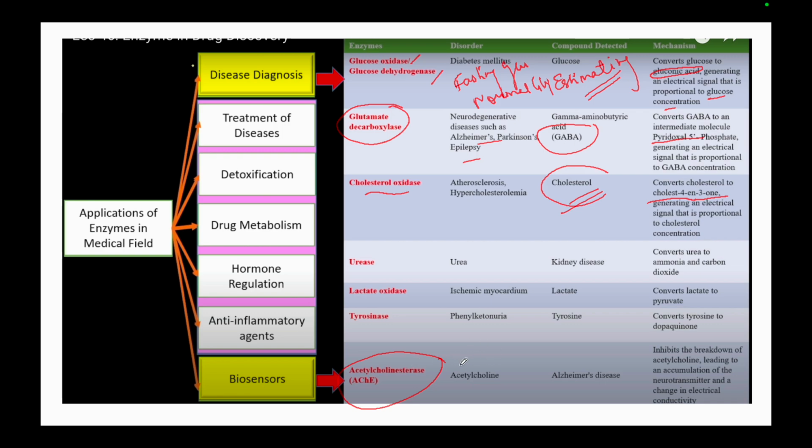This enzyme will break down acetylcholine molecules, the molecule for the acetylcholine receptor present on the nerves. Acetylcholine is a neurotransmitter. Acetylcholinesterase is used for the treatment of Alzheimer's disease. These are the different applications for the treatment of different diseases. Acetylcholinesterase is used for the treatment of Alzheimer's, and it can be used for diagnosis. It can be used for hormone regulation.